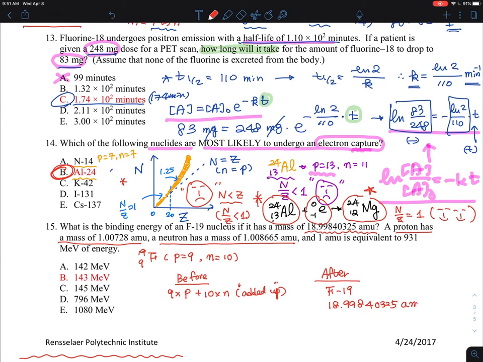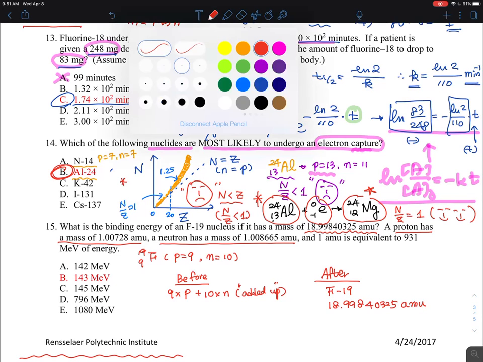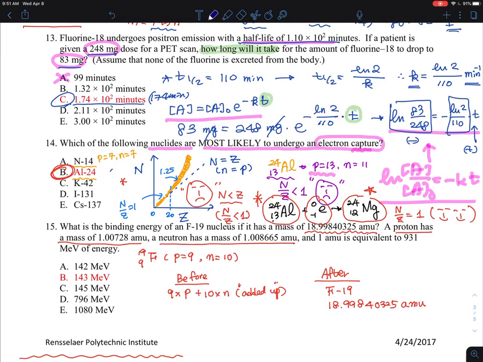You need all these significant figures because the changes in the numbers are very, very small. So what I mean by add it up: you have 9 protons, and a proton has a mass of 1.00728, and 10 times the neutron mass of 1.008665.